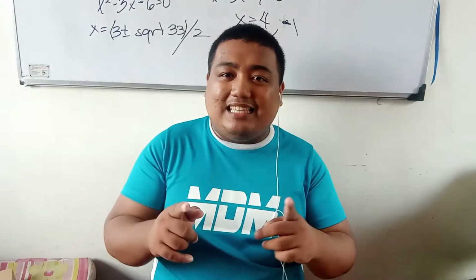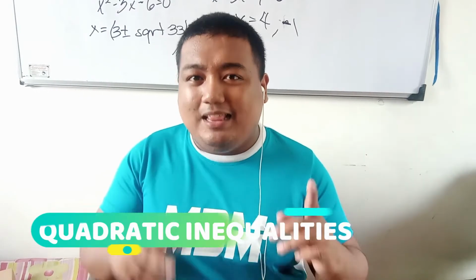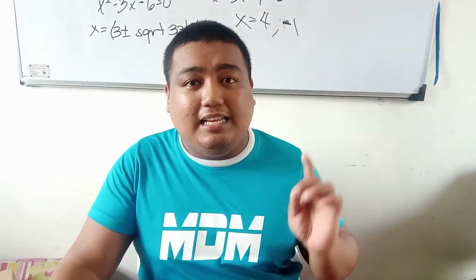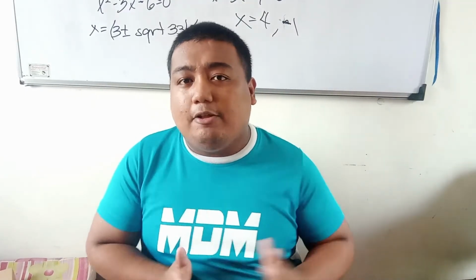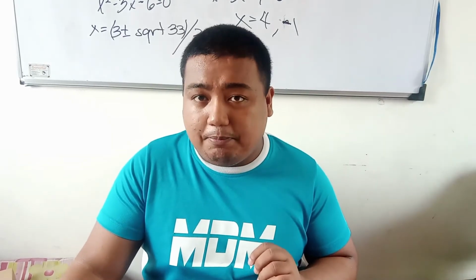This time, ang pag-aaralan naman natin ngayon ay hindi equation, kundi inequality. So our topic for today is quadratic inequality. So ano nga ba ang inequality? When we are talking about inequality, papasok dyan ang trichotomy property.